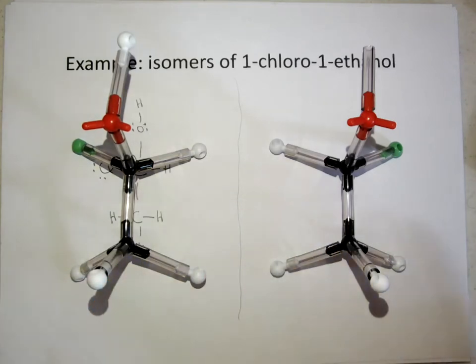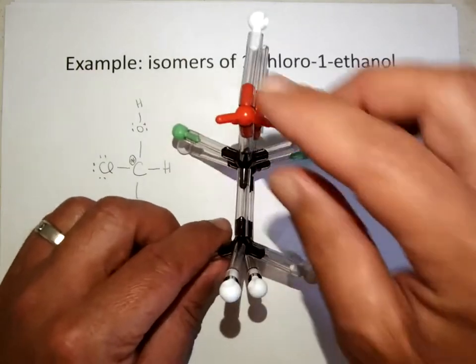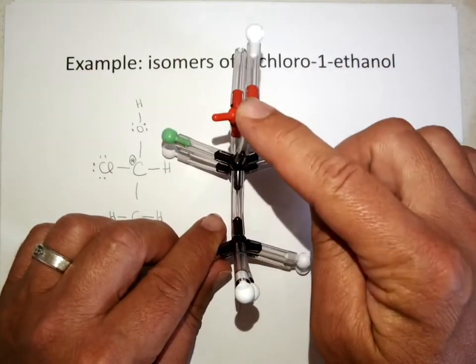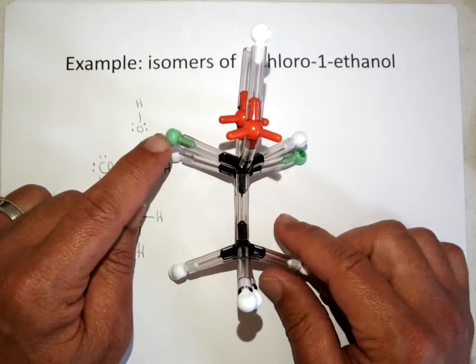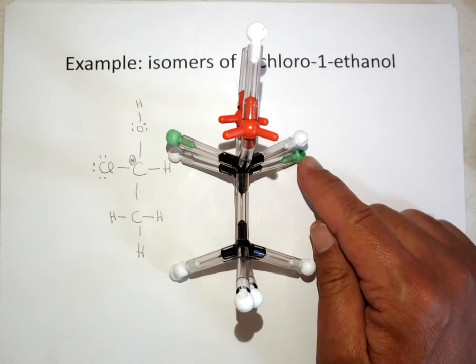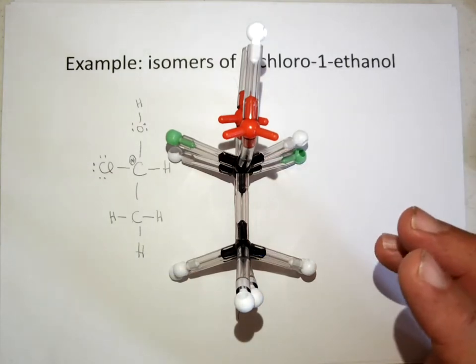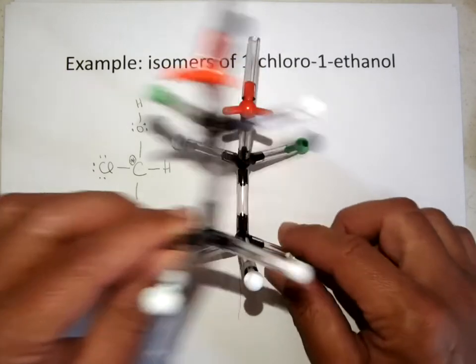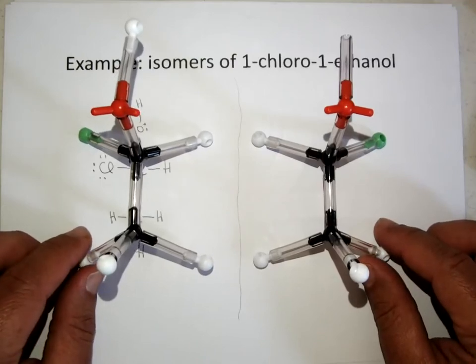These two are essentially perfect mirror images. And when I try to superimpose them, when I line up the heads with the tails, these guys are lining up, the OH group and the methyl, but now one of the chlorines is on the left and the other one's on the right. So those are not superimposable. When I try to superimpose them, I see that they're different. So these two mirror images of chiral molecules are not superimposable and are actually different compounds.